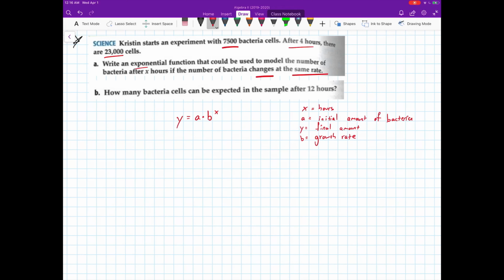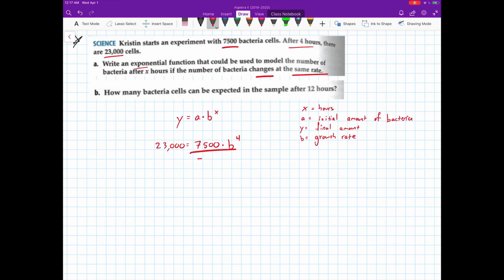So let's plug in the numbers. We have 23,000 at the end of the 4 hours. We started with 7,500, so that's our initial amount. We don't know our growth rate, but we do know that 4 hours has passed. And now we're just going to solve for b.